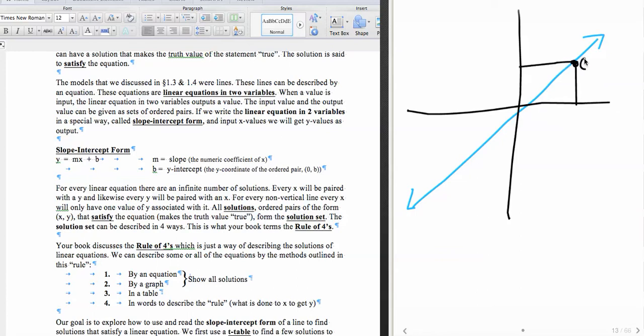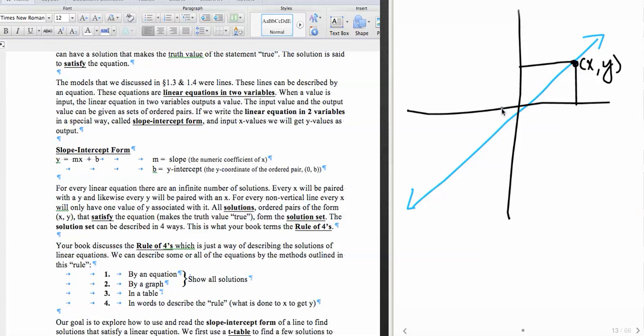So this point right here can be represented by some x and some y. And you can go all the way along this x-axis, all the way to infinity, and come up here and meet this linear model and come across here and find a y.